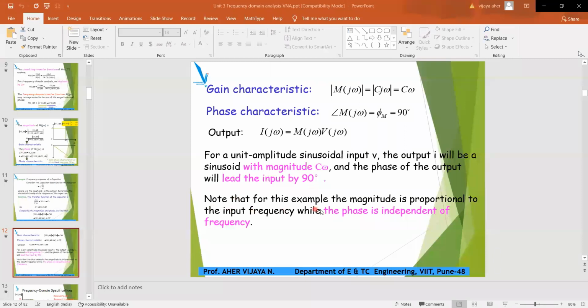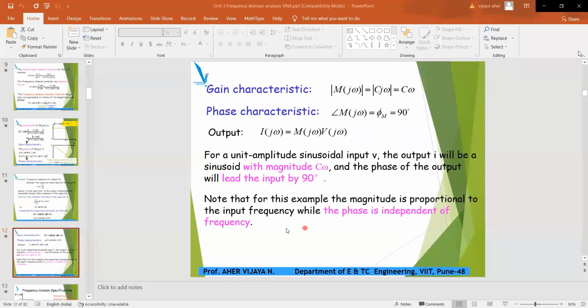Now note that for this example, the magnitude is proportional to the input frequency, that is omega. Magnitude is proportional to input frequency, whereas the phase is independent of input frequency. There is no frequency component present in this equation. So your phase is independent of frequency, whereas magnitude is directly proportional to the input frequency. So this is the conclusion we have got from our example.